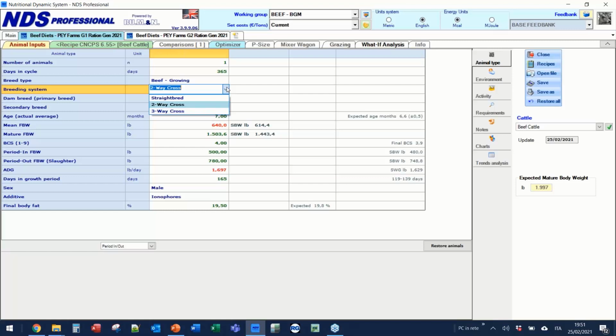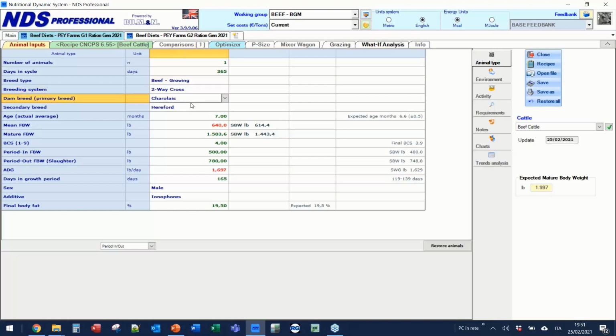We can work with just a major breed, with a two-way cross or a three-way cross. In this example, I am working with a two-way cross, Charolais per Hereford.